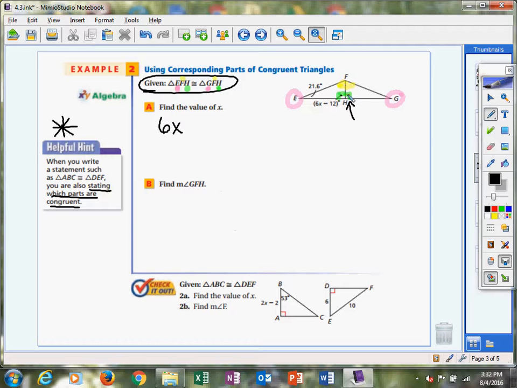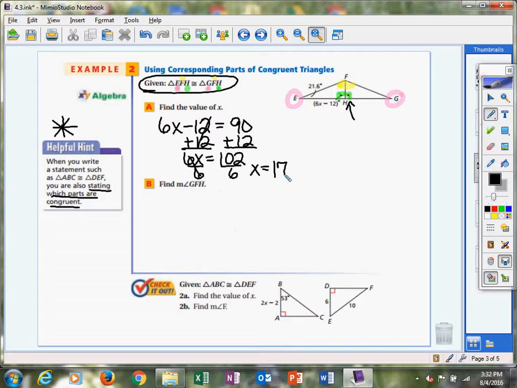And so you could go, well, 6x minus 12 is equal to 90. So you could do that, add 12, and then divide by 6, and you've got 102 divided by 6, and I believe x is 17? Yeah. So you could find that.